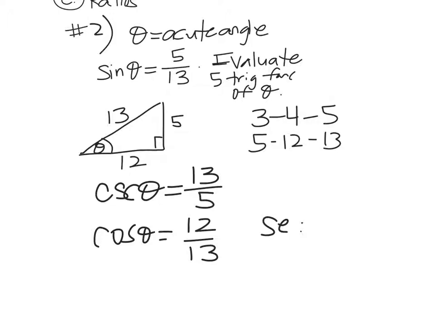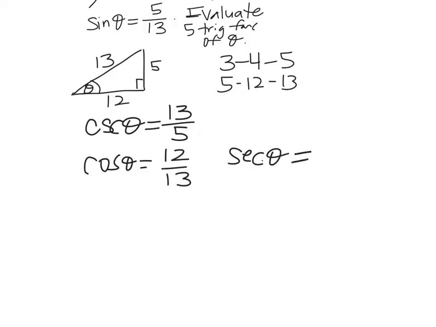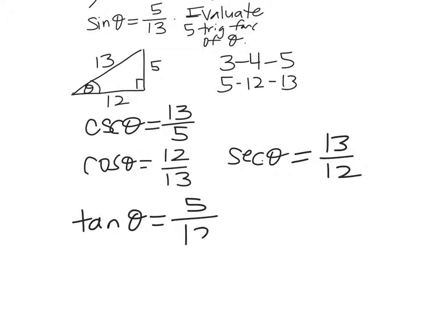The secant of theta is the reciprocal of cosine, so secant would be 13/12. 2 more to go. At least we don't have to rationalize on this one. Tangent of theta is opposite over adjacent, so 5/12. And finally, cotangent of theta is 12/5.